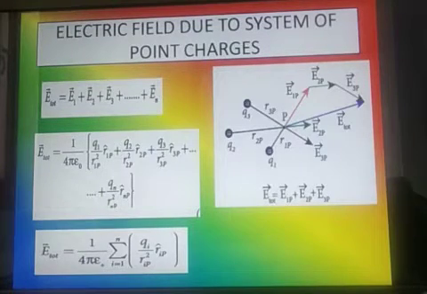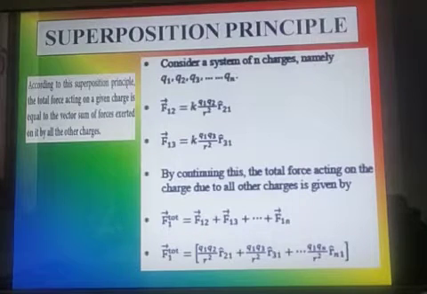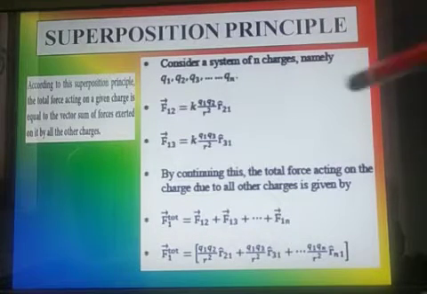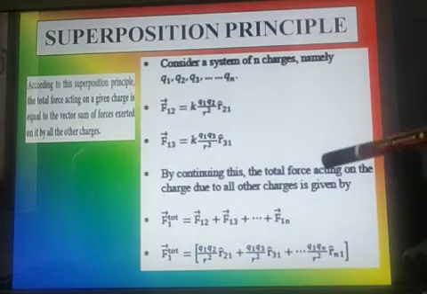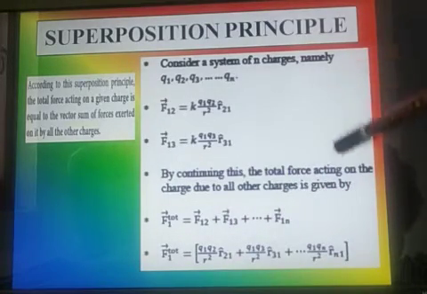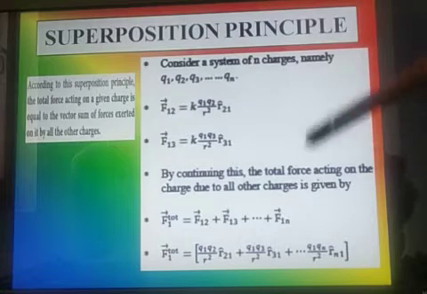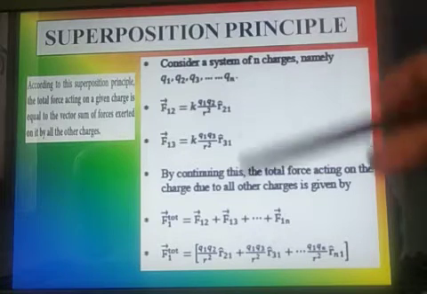We already used the superposition principle in a previous class for calculating the total force acting on one charge due to many charges present in a system. According to this principle, the total force acting on a given charge is equal to the vector sum of forces exerted on it by all other charges. So this is applied for Coulomb's law.